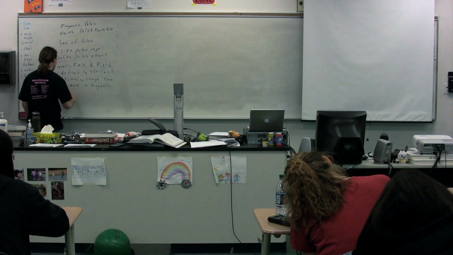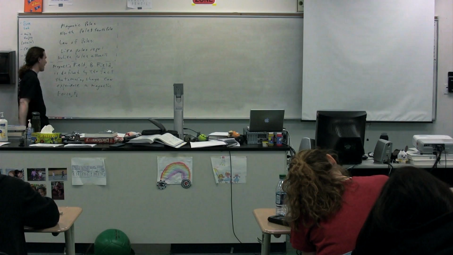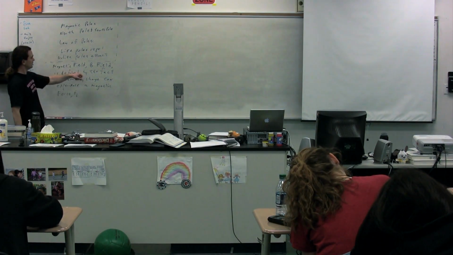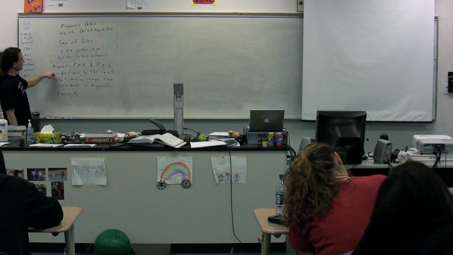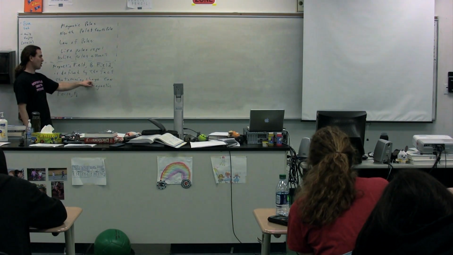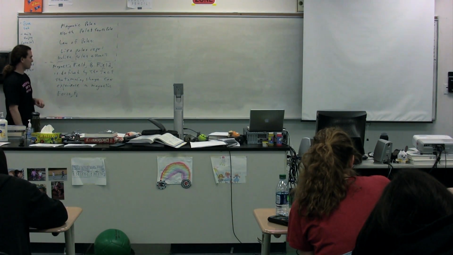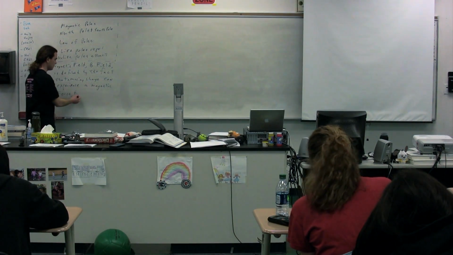And the symbol we use for the magnetic force is F sub capital B. So a magnetic field, which is a capital B field, that's how we draw it, is defined by the fact that a moving charge can experience a magnetic force, and we call that F sub B.